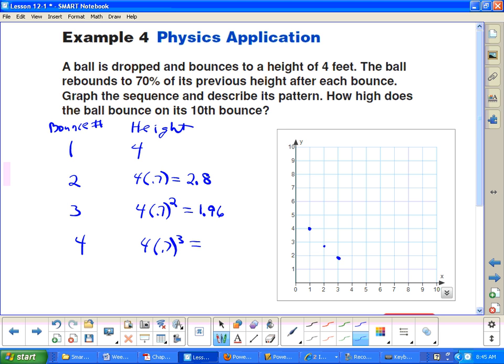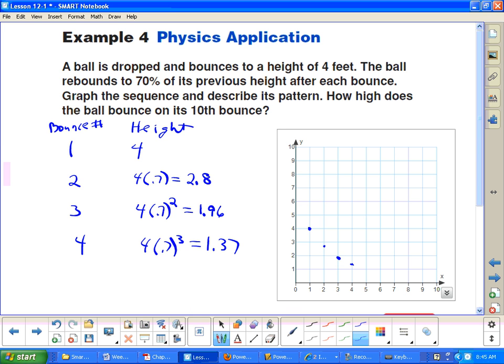Which is what? Okay. So it's going to be about here. All right. So it says graph the sequence and describe it, right? So we can keep going with that.